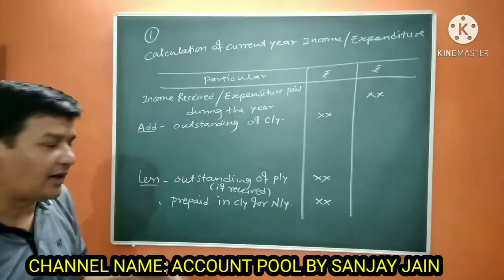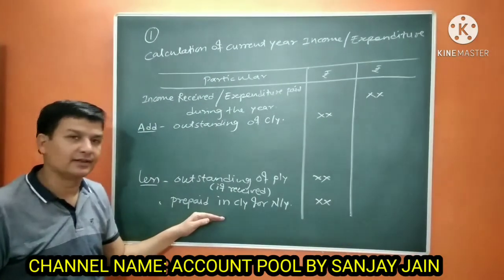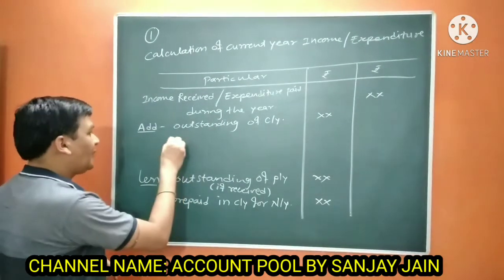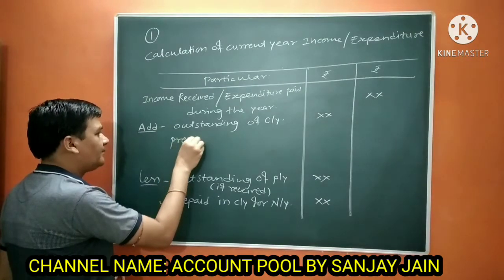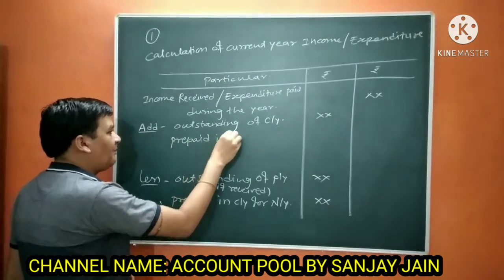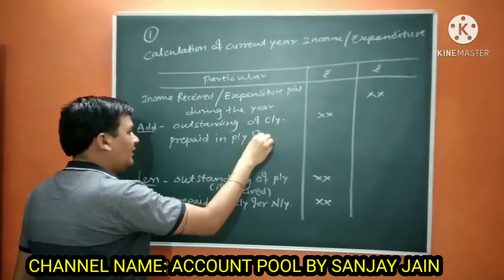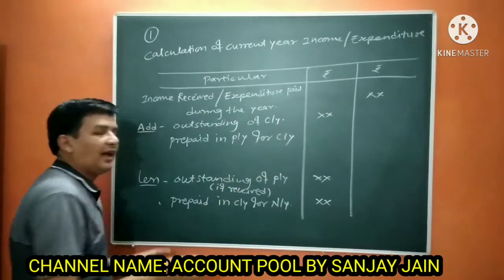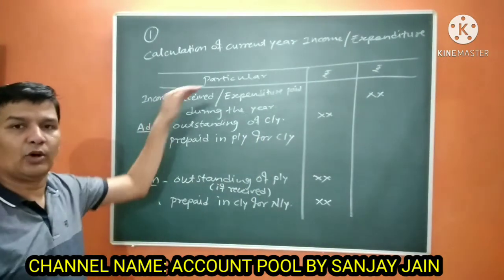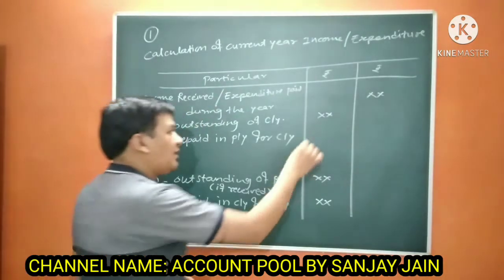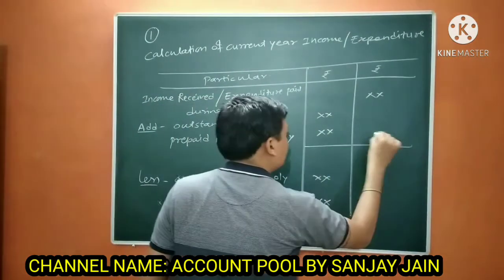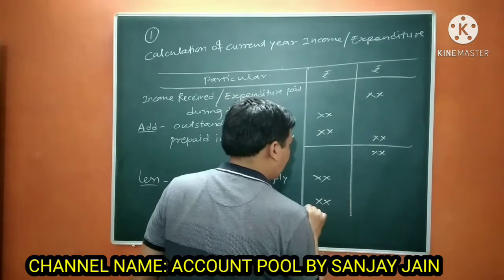It is not a part of current year, so we are going to exclude those things. Same way, if prepaid is received in previous year for current year, it is for current year, we are going to add in current year's income or expenditure.